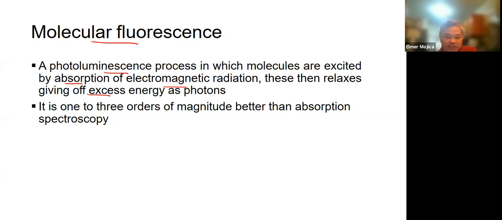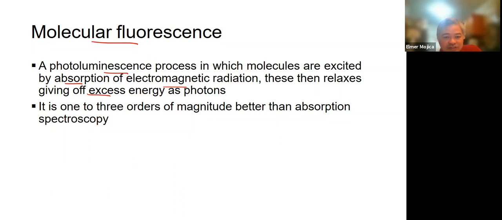So fluorescence is just a return from the excited singlet state to the ground state. It doesn't require a change in the spin orientation. So this is a more common relaxation process.